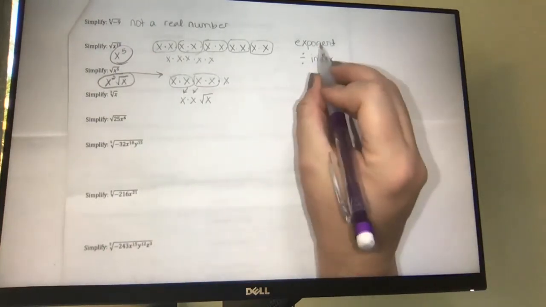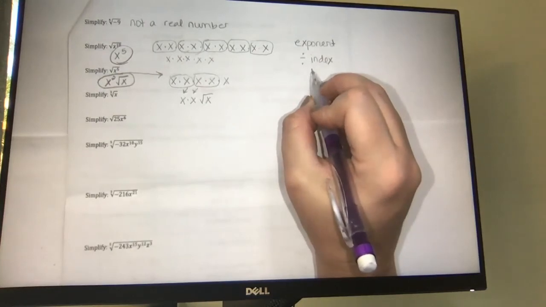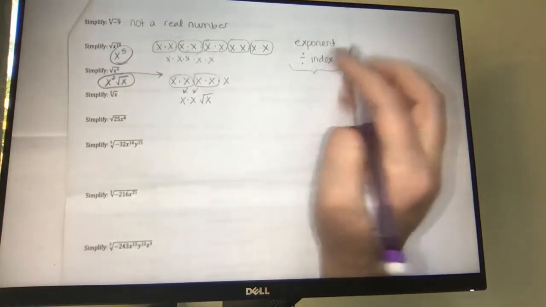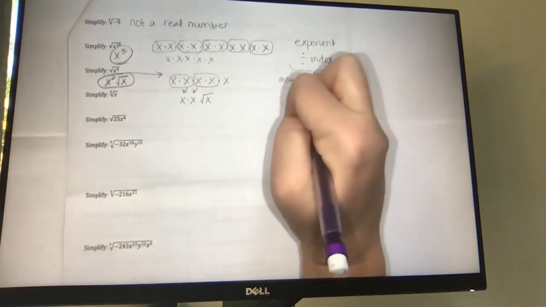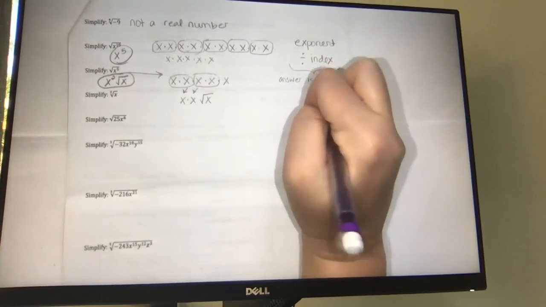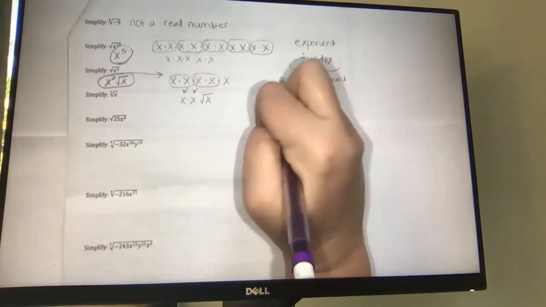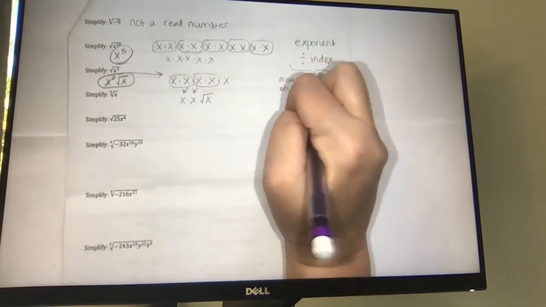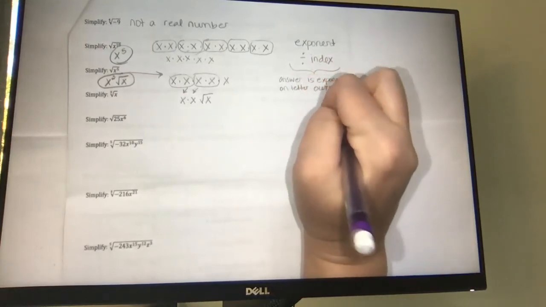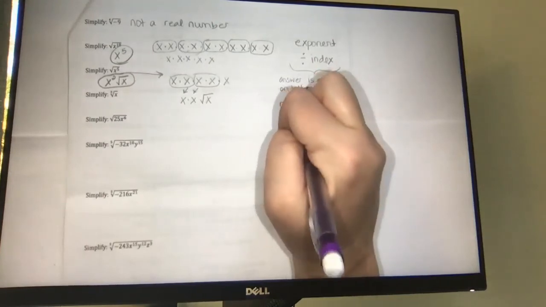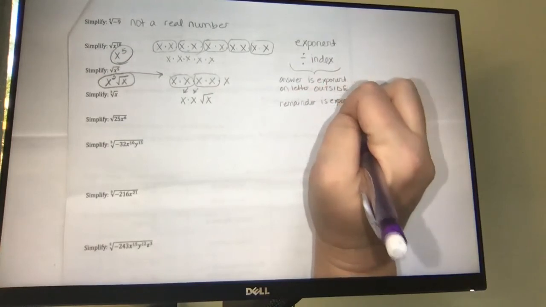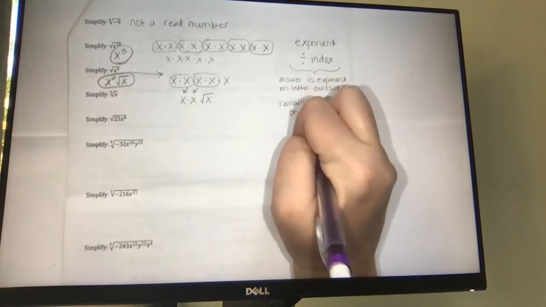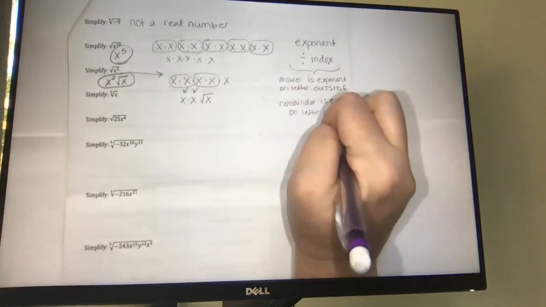Okay, the exponent, you're still going to do exponent divided by index, but then here's what you're going to do. The answer, or the quotient, is the exponent on the letter outside. Any remainder is the exponent on the letter inside.